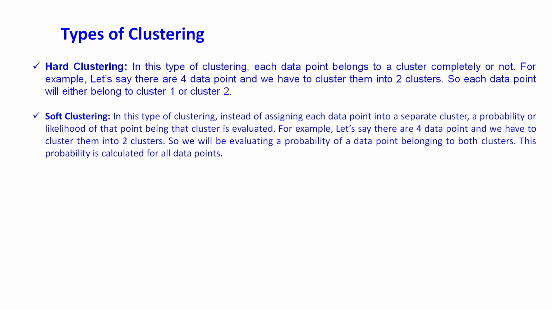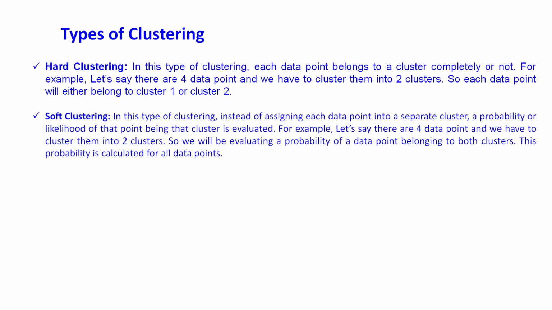But what we do is evaluate the probability of a data point belonging to both clusters, and this probability is calculated for all the data points. Then, depending on the higher probability, the point is put into cluster 1 or cluster 2. But you can have the same probability for both clusters for a particular point. Let us say a particular data point has 0.5 probability for cluster 1 and 0.5 probability for cluster 2. This will belong to both.